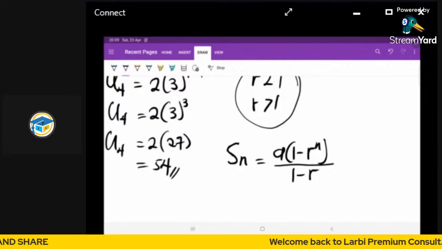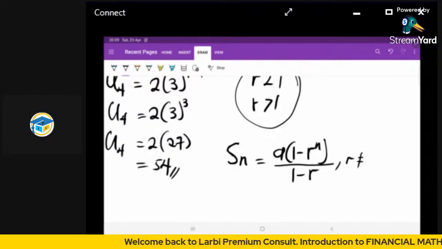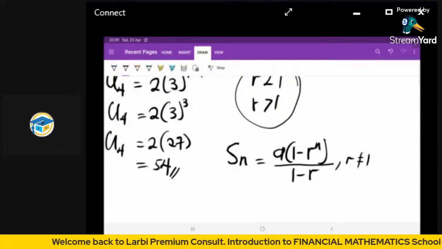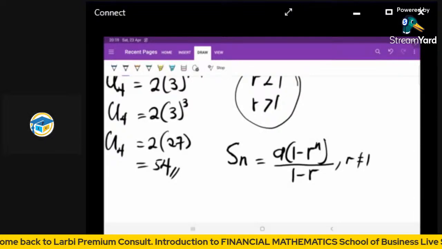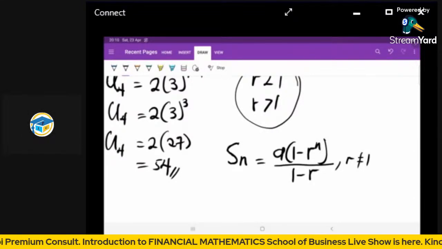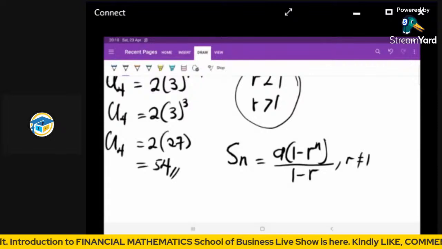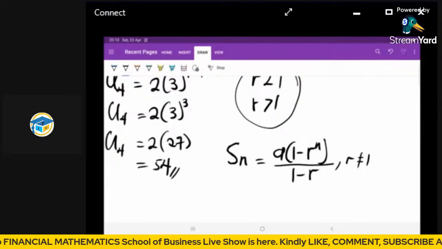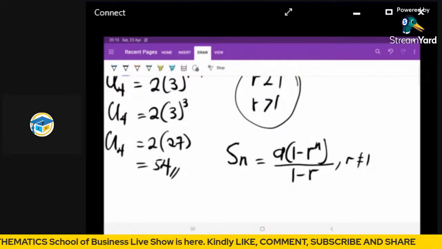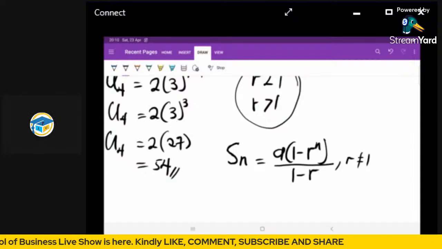So remember here r is not equal to 1. Take note of that. If r is equal to 1, then you're going to make the whole expression undefined. That's why r is not equal to 1. So we use this formula where we have r less than 1.